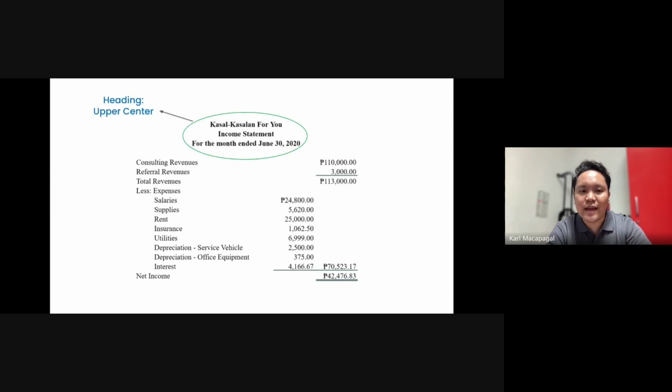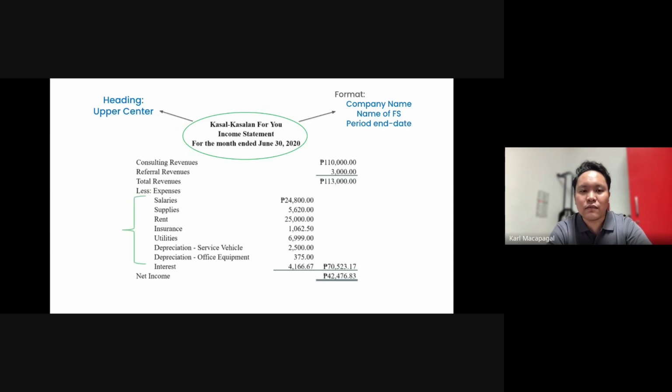We start with the heading, which is located in the middle portion of the document that you are making. And then we start with the company name, the name of the financial statement that you are doing, and the period and date. For this example, it is for the month ended June 30, 2020.